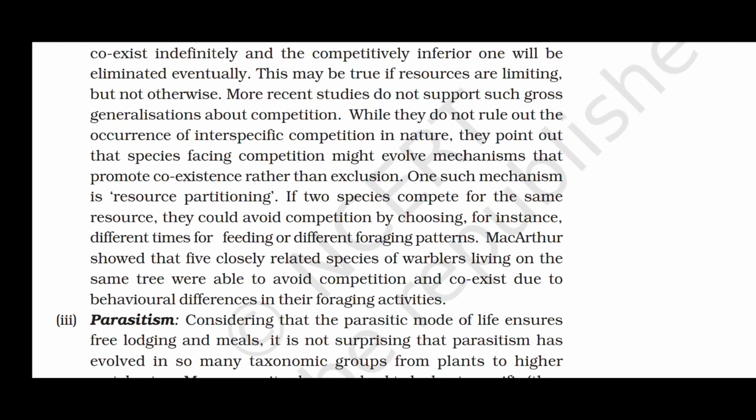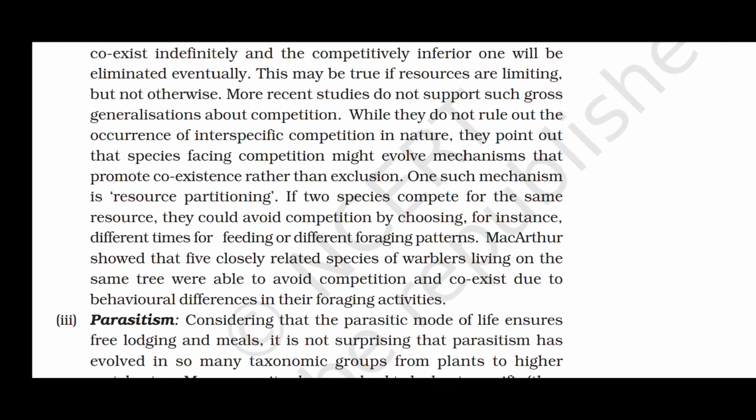While they do not rule out the occurrence of interspecific competition in nature, they point out that species facing competition might evolve mechanisms that promote coexistence rather than exclusion. One such mechanism is resource partitioning.